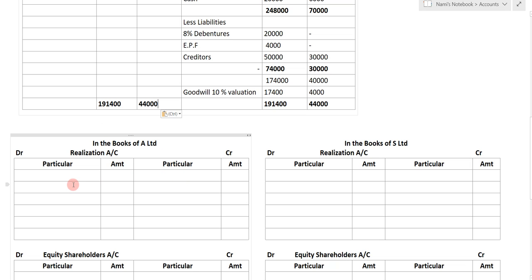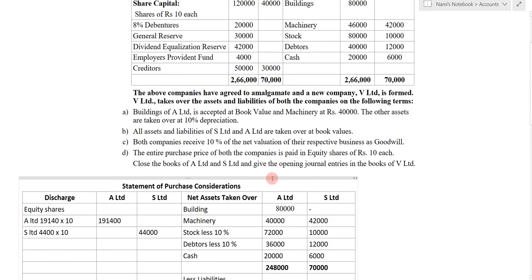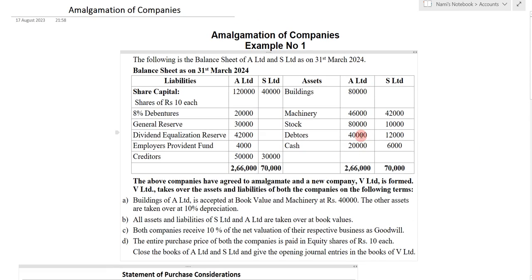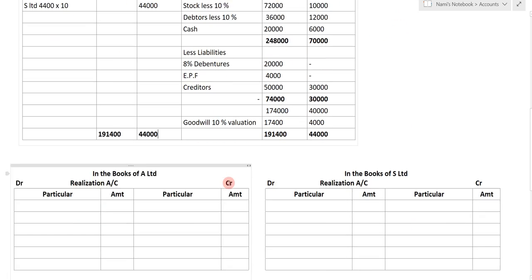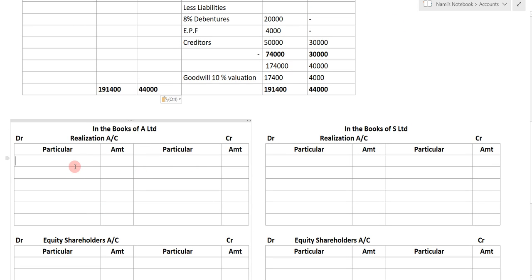In realization, you have to take the assets at book value, and on the credit side you have to take the liabilities at book value only. Now on the debit side, take all the assets of A Limited.